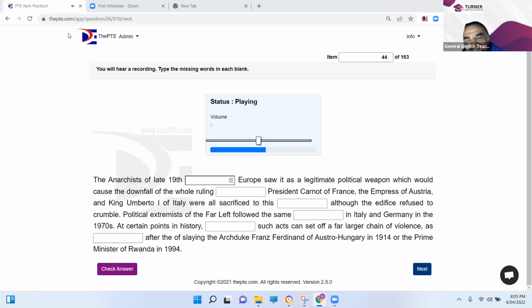Political extremists of the far left followed the same path in Italy and Germany in the 1970s. At certain points in history, however, such acts can set off a far larger chain of violence, as occurred after the slaying of the Archduke Franz Ferdinand of Austro-Hungary in 1914, or the Prime Minister of Rwanda in 1994.